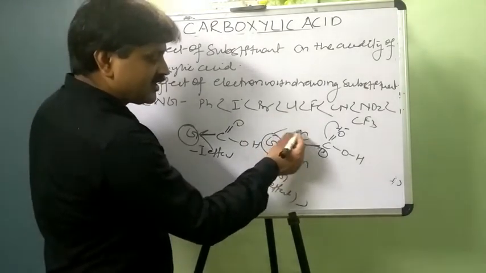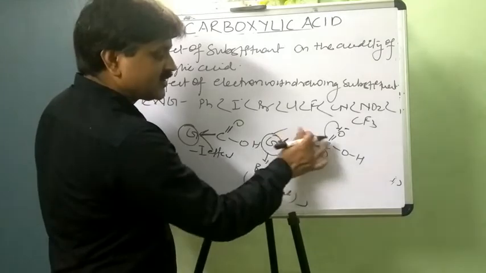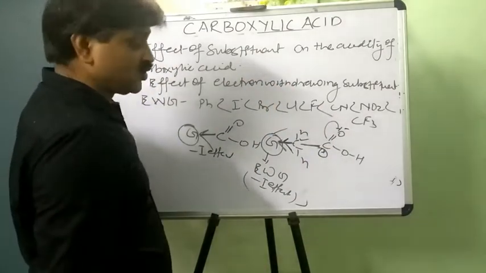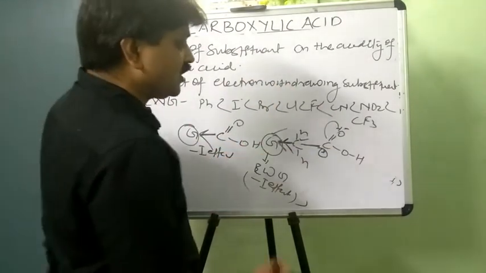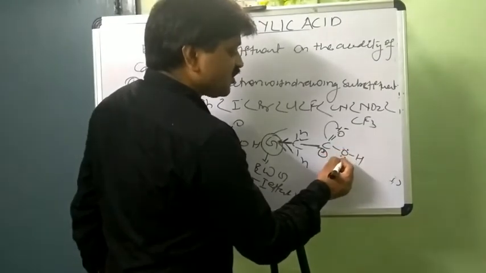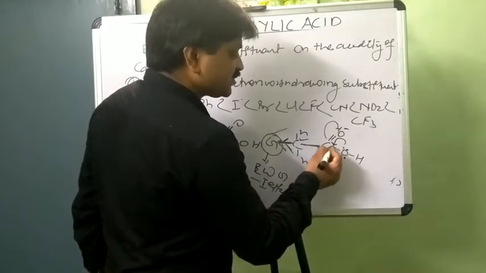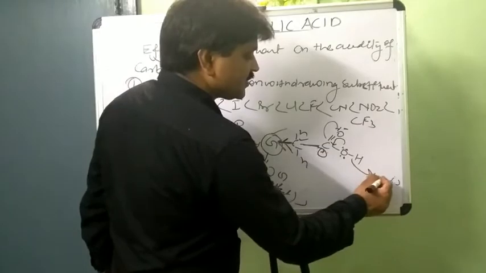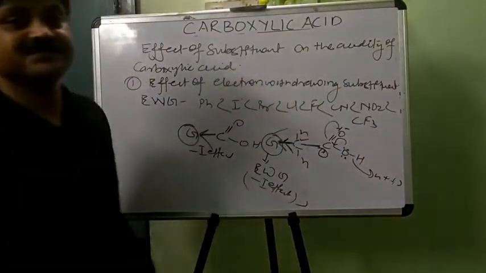So whenever it already feels the electron deficiency, how can it donate the electron? It can't. So the only way is to gain the electron from this oxygen atom, and when this oxygen atom shares the electron, it immediately releases the H plus ion.